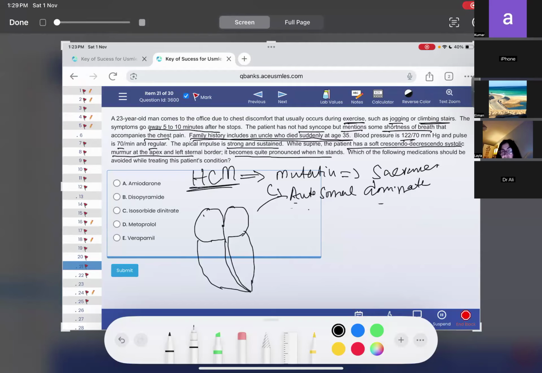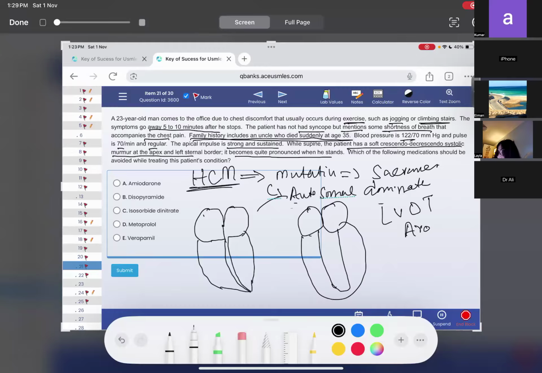It is usually eccentric, meaning that the septum is increased, and we know that this septum will block the left ventricular outflow tract, similar to aortic stenosis.